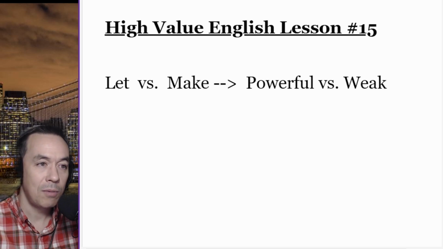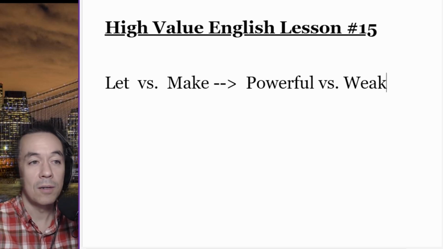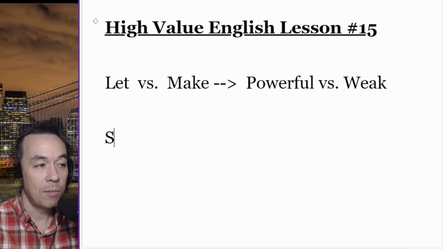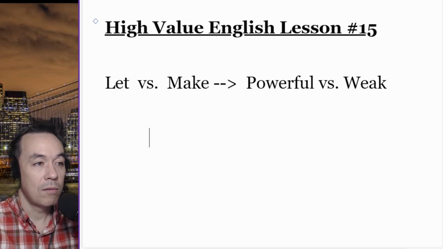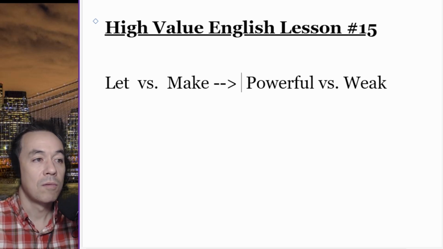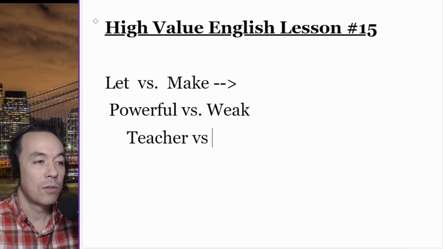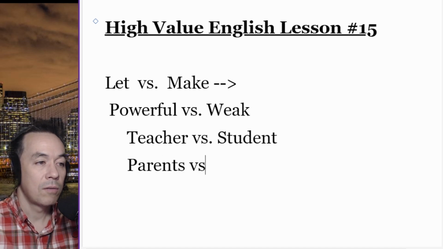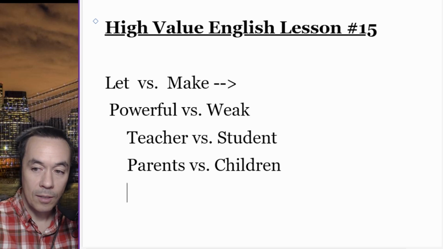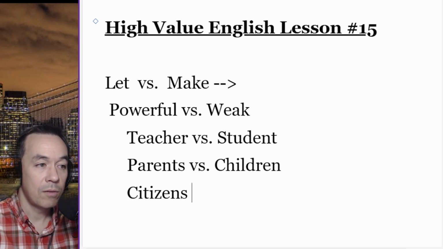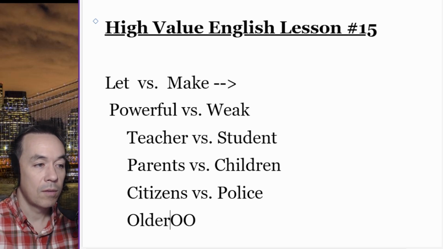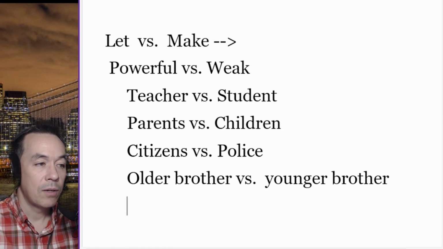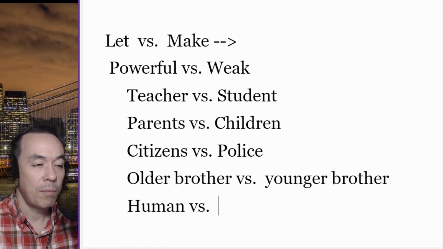That's what I'm going to say. So people with power or no power. Different examples can be a teacher versus student, or parents versus the children, or citizens versus the police, or even an older brother versus a younger brother, or even a human versus a pet.